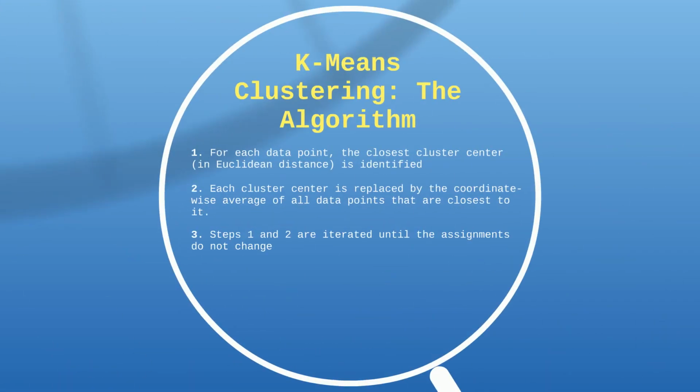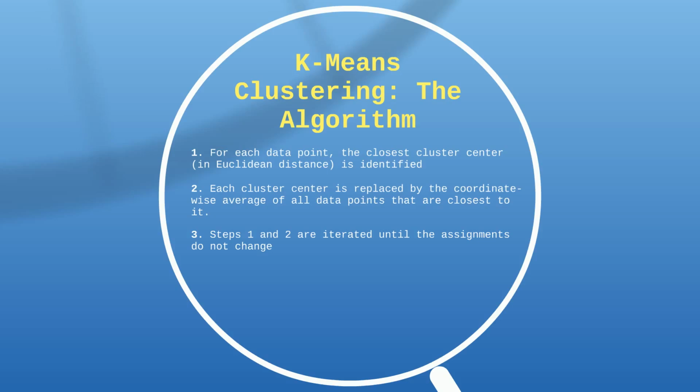Here is k-means clustering, and we're going to start with a three-step process. Before this begins, each of these clusters is going to be initialized with random centers. So we're randomly going to pick points throughout our distribution of inputs and define them as our cluster centers so that we have something to start on and iterate on. From there, each data point is going to be assigned to the closest cluster center in Euclidean distance.